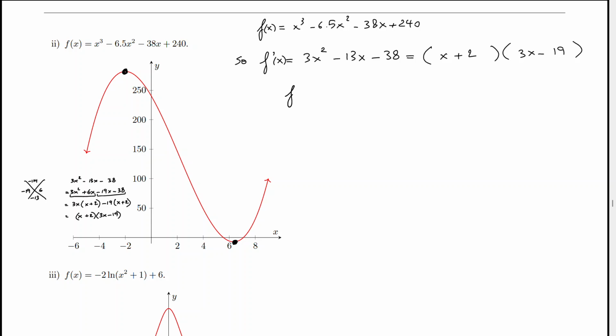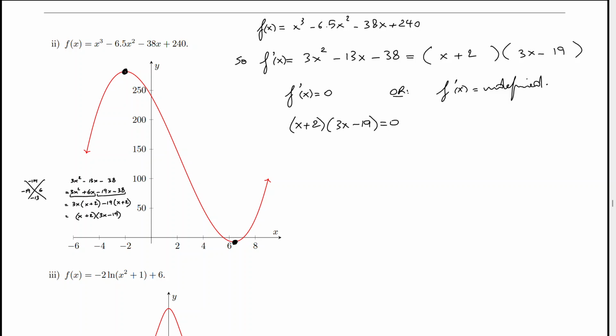So the questions that we needed to answer are the following two questions. What makes the derivative equal to 0? Or what makes the derivative undefined? And so for the derivative to be 0, I would need the product of x plus 2 times 3x minus 19 to be equal to 0.